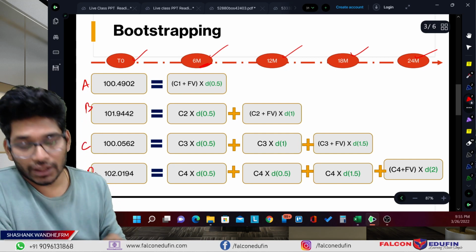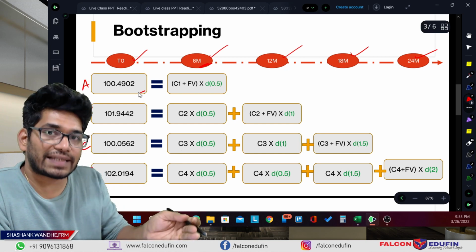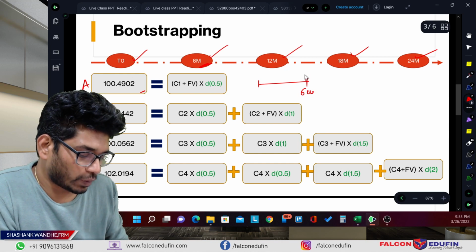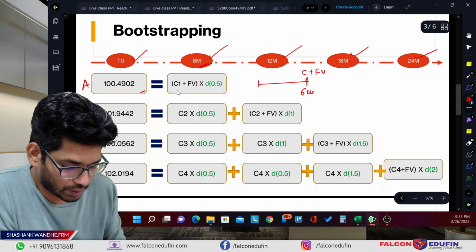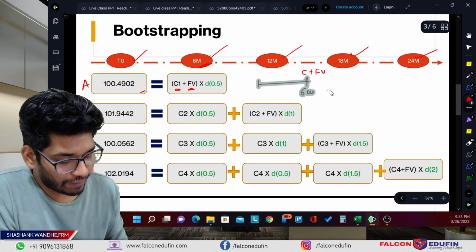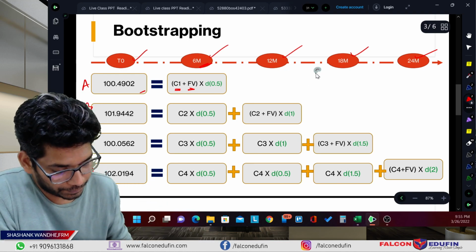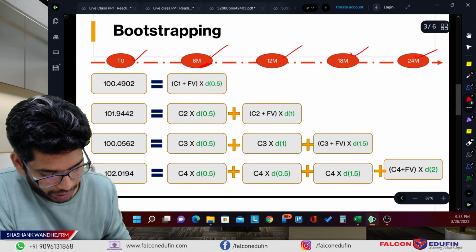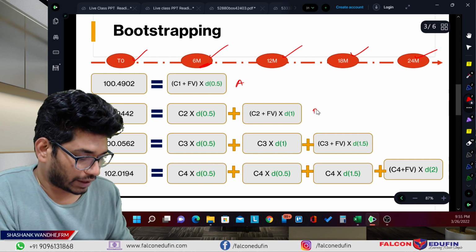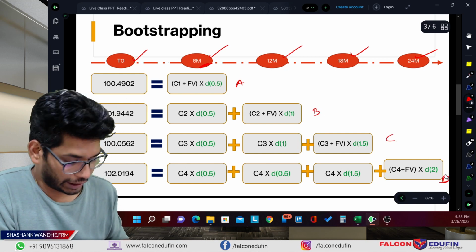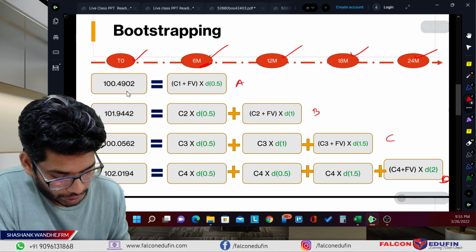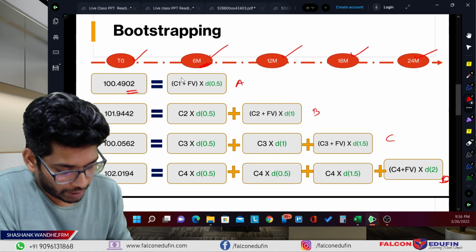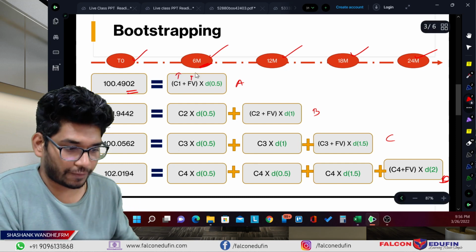So 4 bonds. For the first bond, which matures in 6 months, you will get coupon plus face value. C1 indicates the coupon of the first bond. So here we have bond A, then bonds B, C, and D. Using the first bond, we have the price of the bond, coupon, and face value.